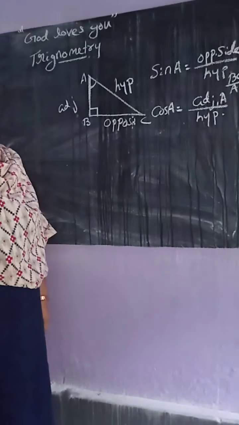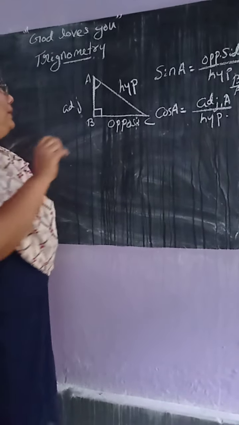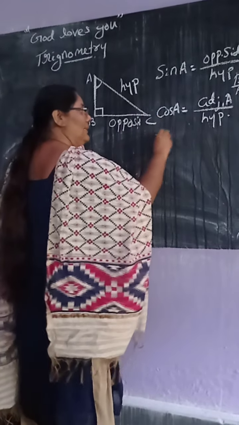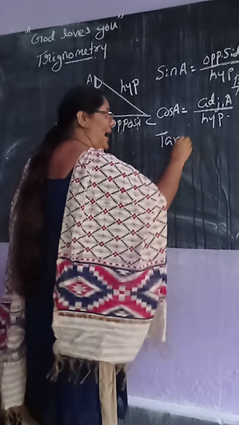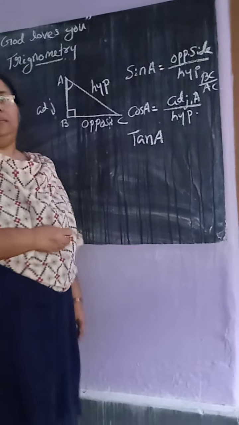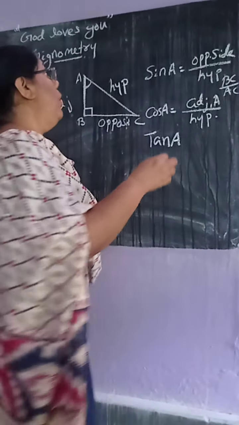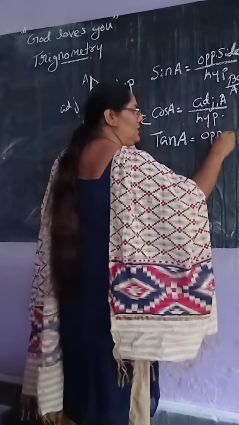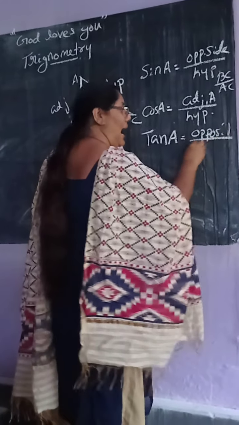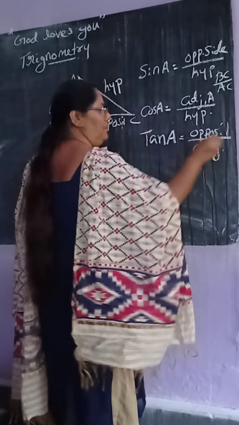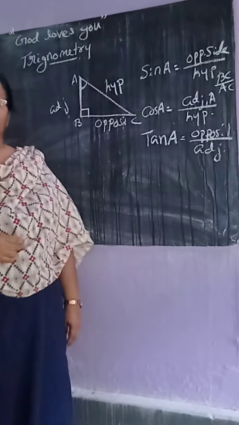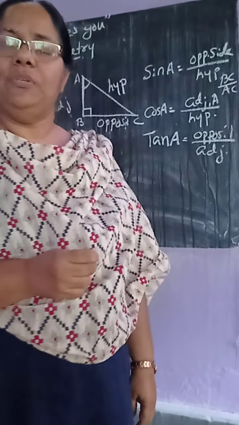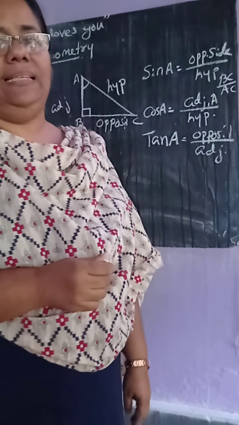Then the third one is tan A. Tan A means opposite side by adjacent side. What is tan A? Tan A is opposite side by adjacent side.